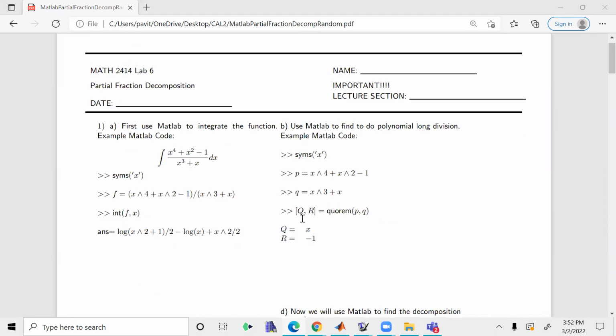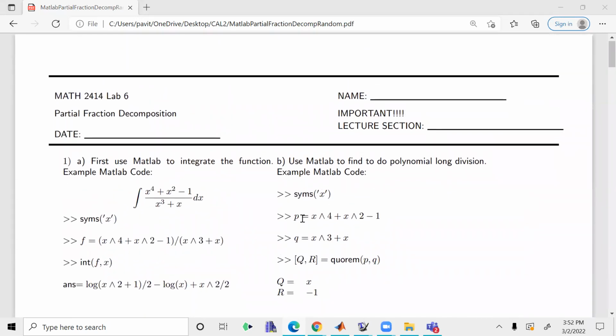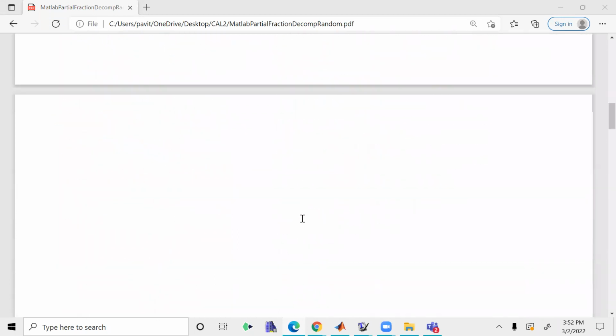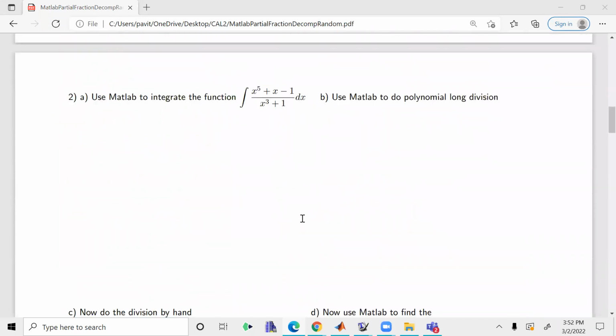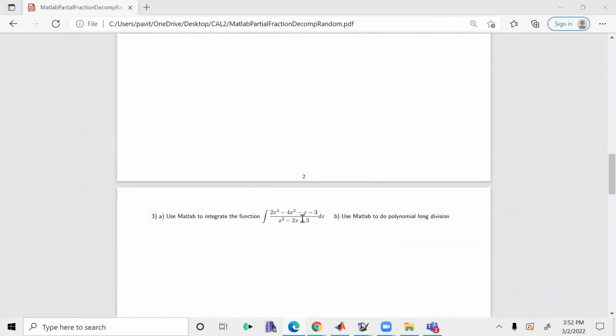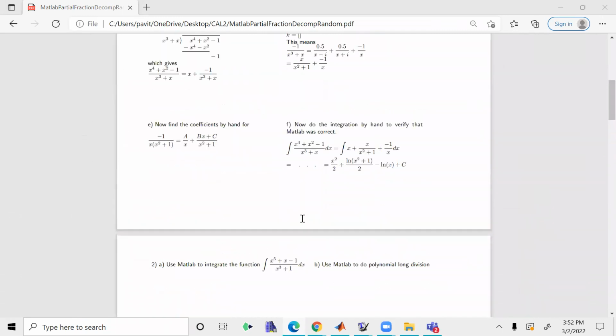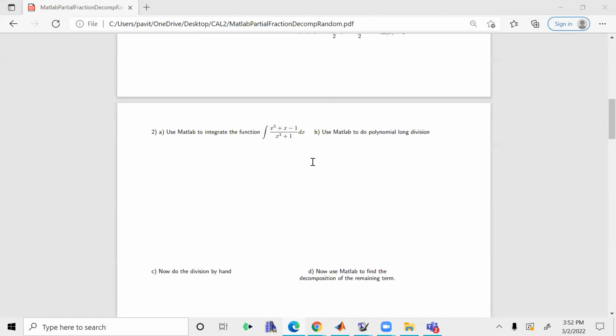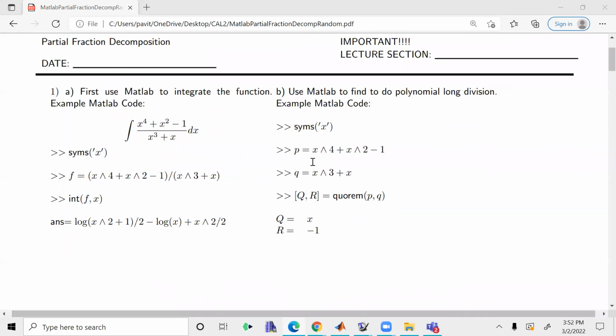So let me start with the example problem. Since we have only 3 problems, I will be doing only the example problem. I can give you some hints on question number 2 if you need it.